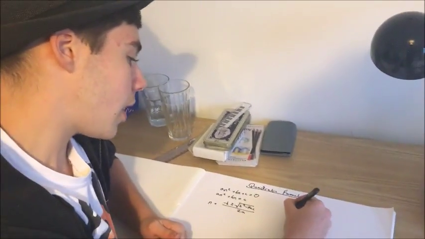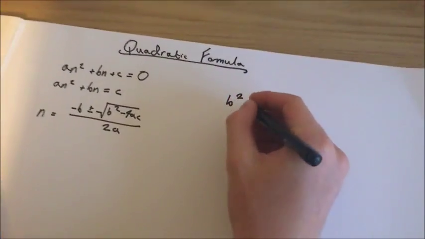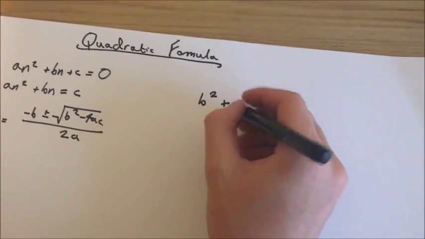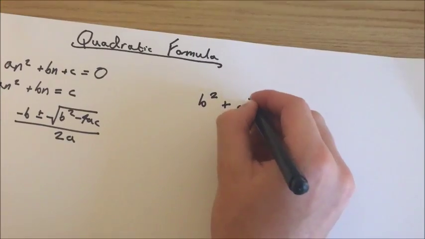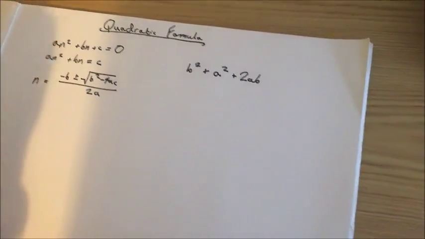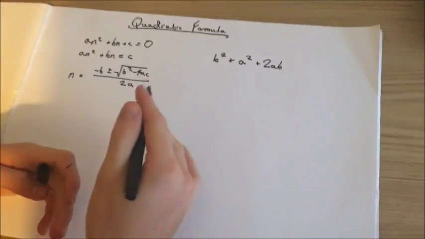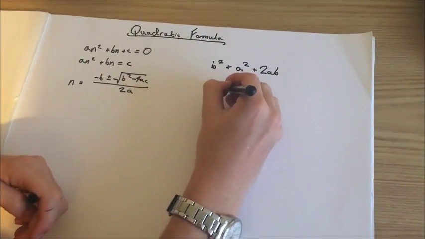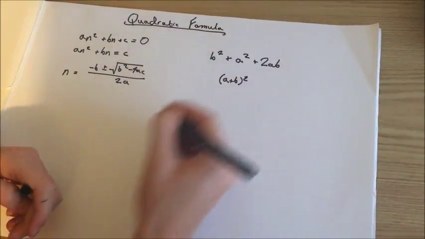We use completing the square. That's one of the main steps. What we do is we have a squared plus b squared plus 2ab, and we can shorten that down to (a plus b) squared.